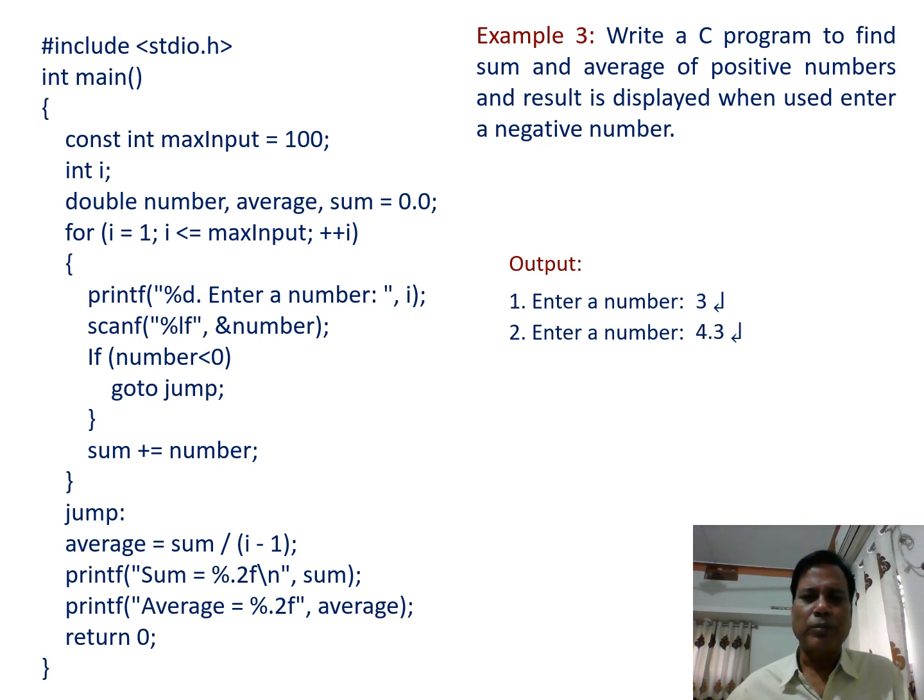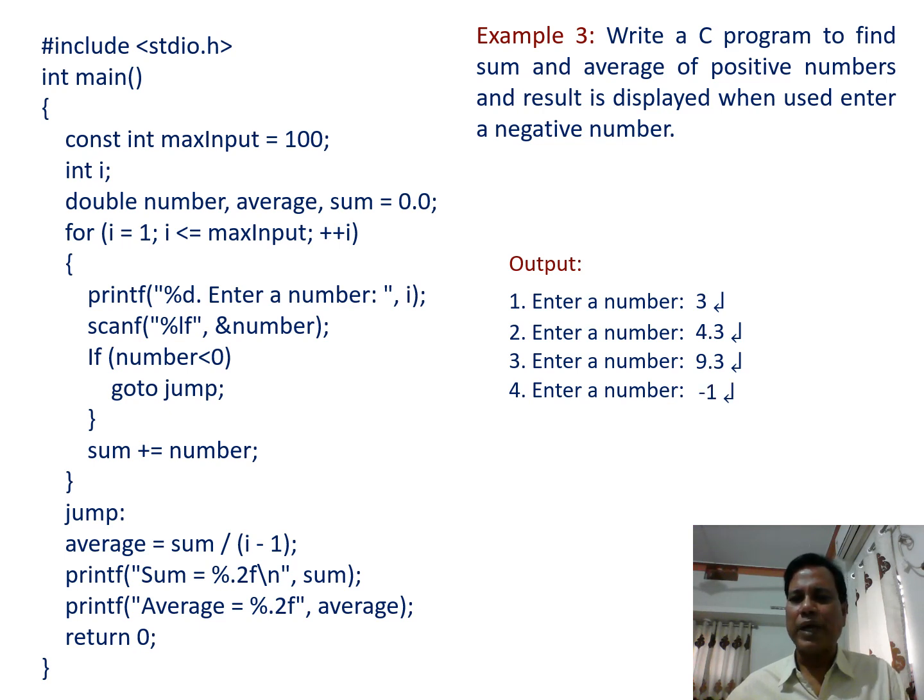So these two numbers are added and stored in the sum. In a similar way, if the user enters a third number, 9.3. Then again enter a number. Suppose this time it is -1. So the previous three numbers are added and stored in the variable sum.